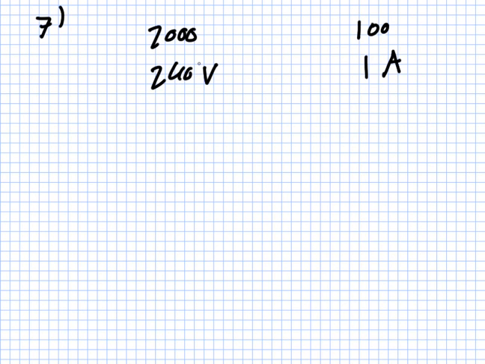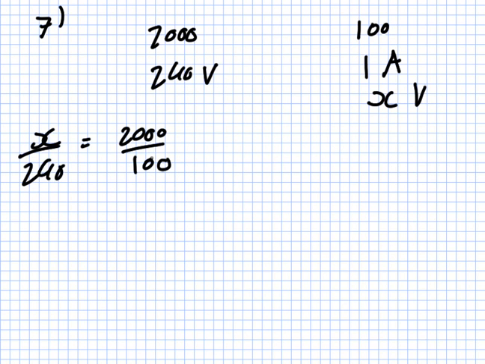So first I'm going to get the voltage. I don't know if I need it, but I feel like I might need it, so I'm going to call the voltage here X volts. So we have X over 240 equals 2,000 over 100, which is 20 times 240, is it? 4,800? Yeah. Volts.